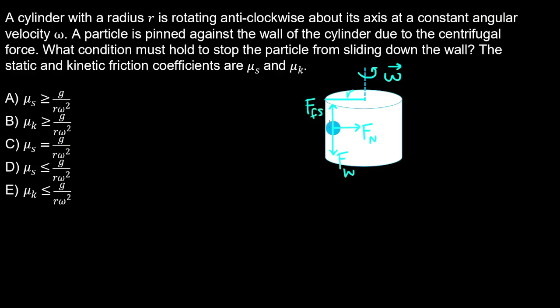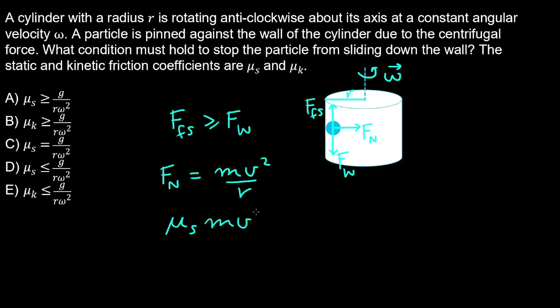So for the ball not to slide down the wall, the static friction force must be greater than or equal to the force of weight. So in this case, the normal force provides a centripetal acceleration by Newton's second law, and the static friction force is the static friction coefficient by the normal force, being mv squared on r, and that must be larger than or equal to the force of weight, which is mg.